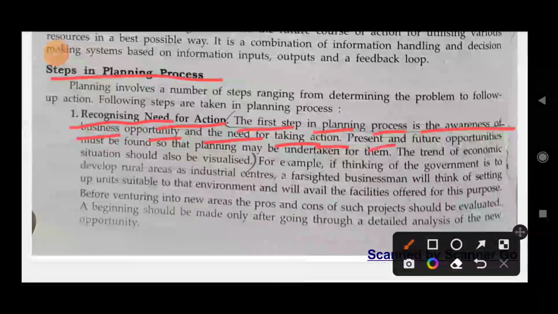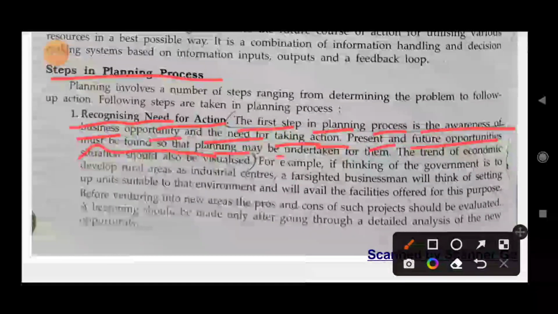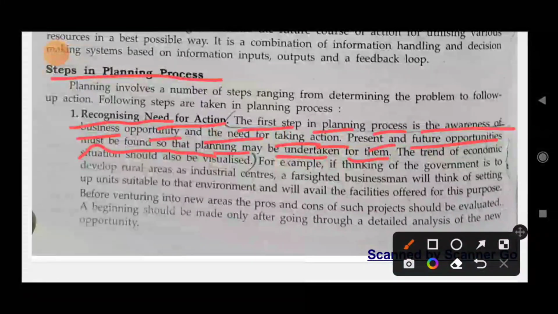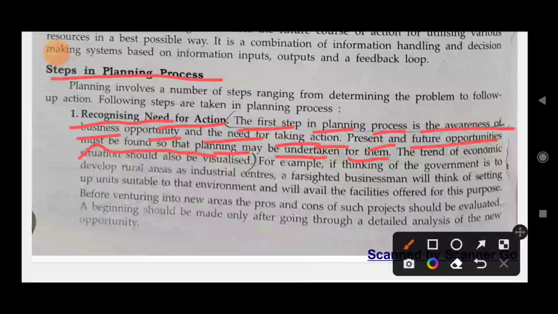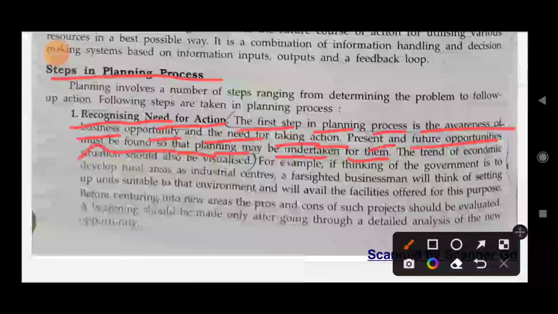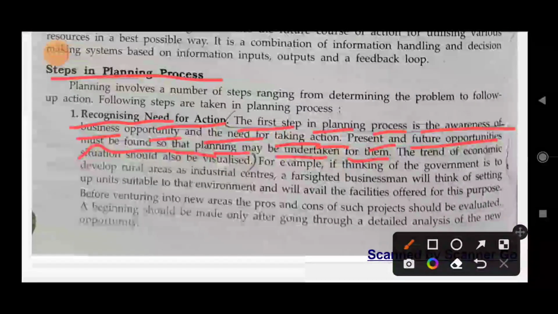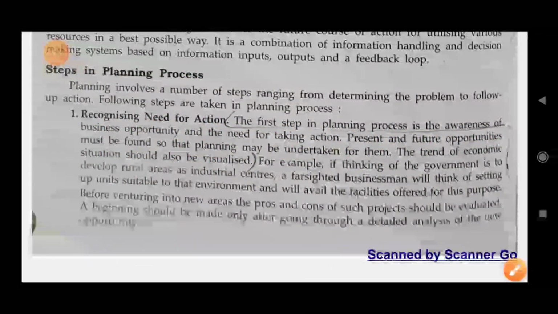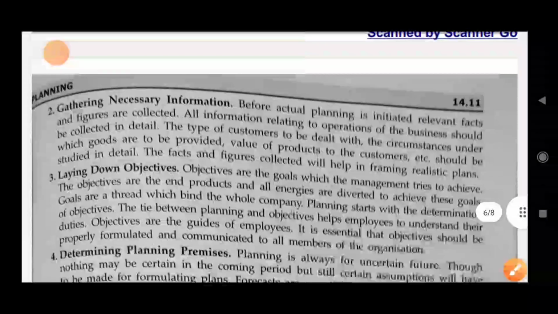We need to see. Present and future opportunities must be found so that planning may be undertaken for them. So not only for the present condition, future also we need to consider, because planning is always a future course of action. Some examples are being given, we need to see those. Okay, you can learn that one.